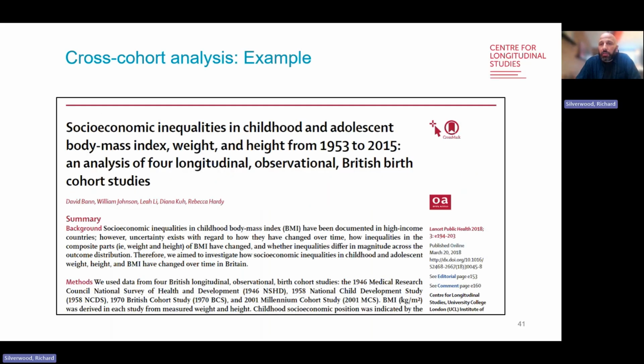So again, I'm going to discuss some points around this using a published paper. This one looking at socioeconomic inequalities in childhood and adolescent BMI, weight and height using 4 of the British birth cohort studies. And here I'll just mention the results relating to BMI.